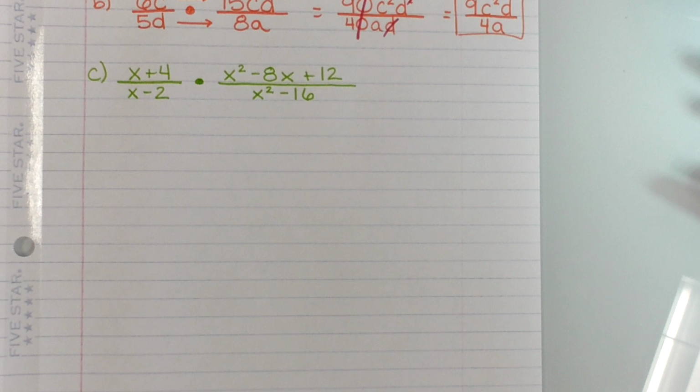In order to get things that have addition or subtraction in those polynomials into a form where they're being multiplied, what do you need to do? Factor.